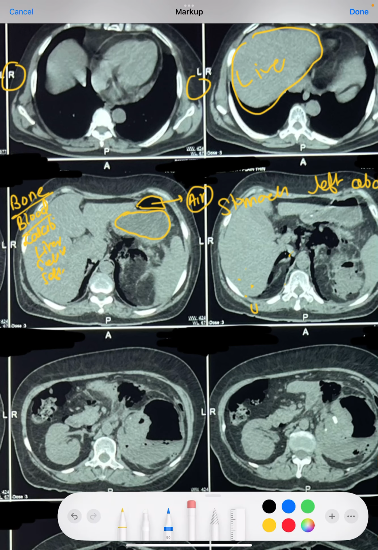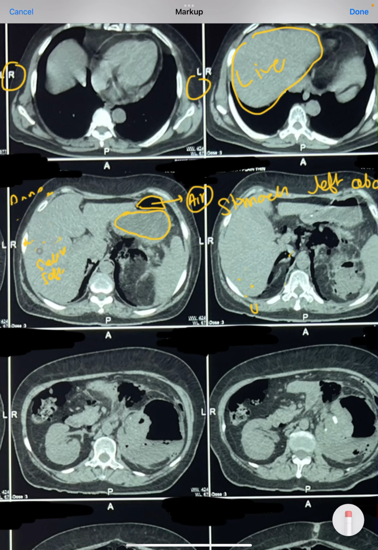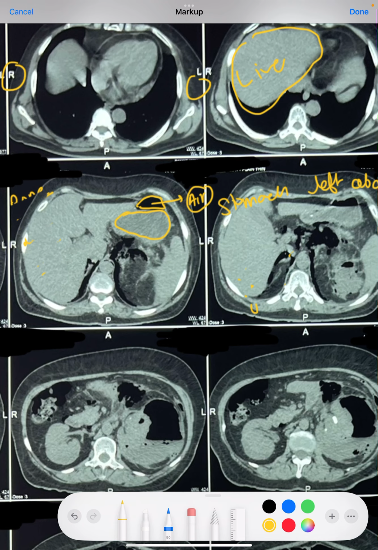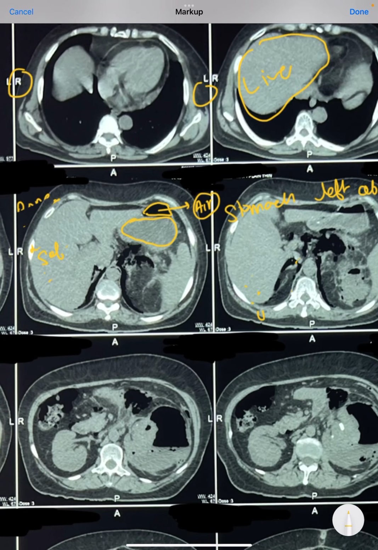So soft tissue will appear less white or whitish black, or less radiodense. This is soft tissue, this is liver, and liquid will appear less white than this. So it will appear more black than the soft tissue.